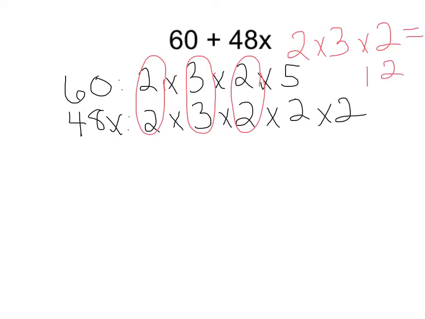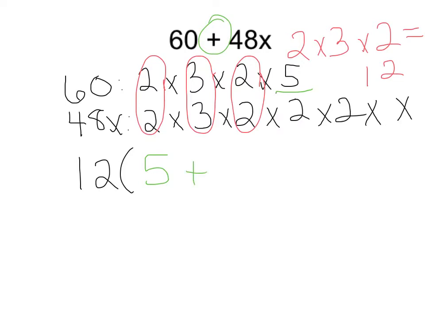So that's what's going to go on the outside of our parentheses. So we have 12 on the outside. Forgot my x on 48. So we take whatever's left on the top, so all that's left on the top is 5. So that goes there. We take the plus from our original equation.